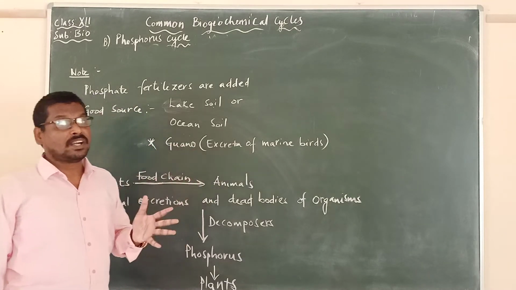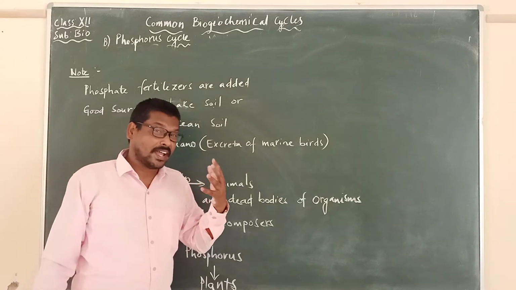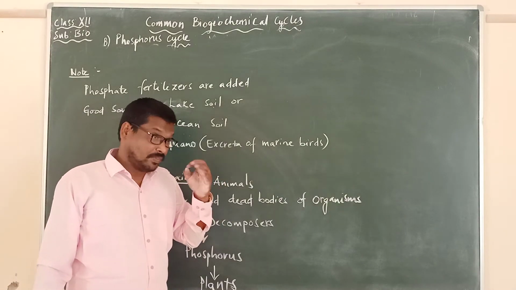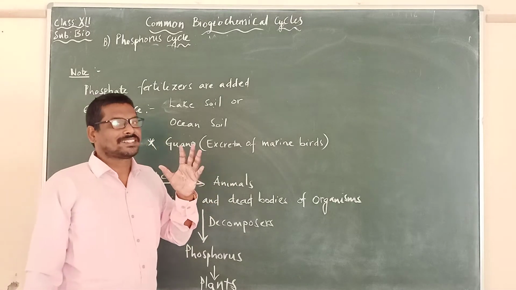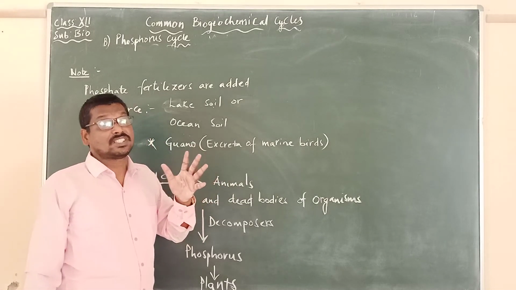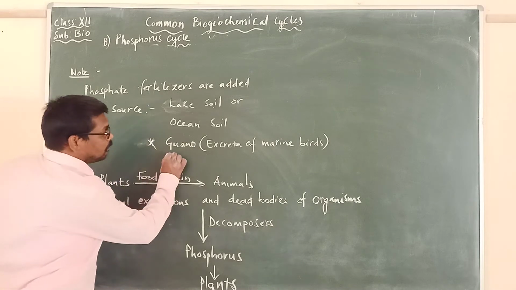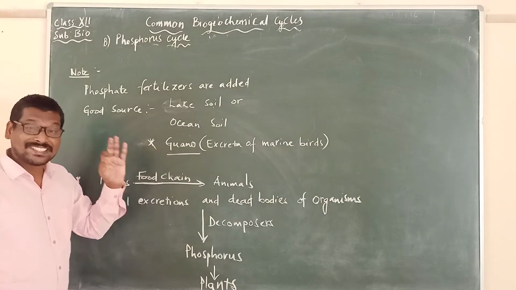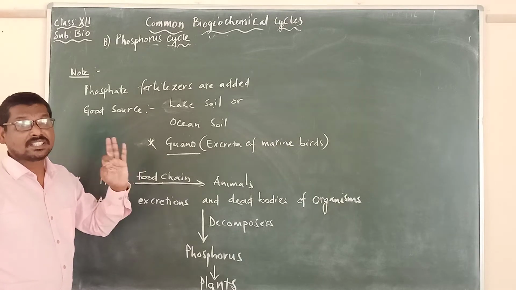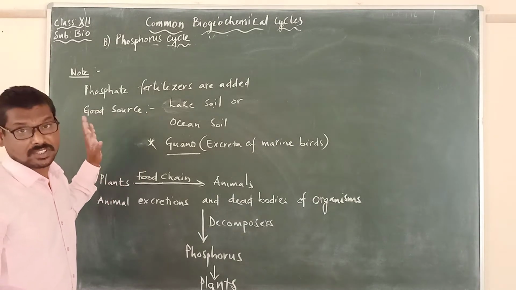If asked to name the bird whose excreta is rich in phosphorus, you have to remember that it is guano. The excreta of this marine bird contains so much phosphorus or phosphate.